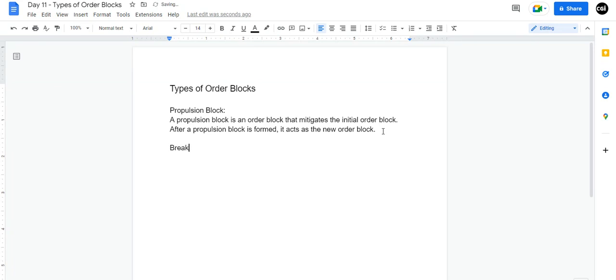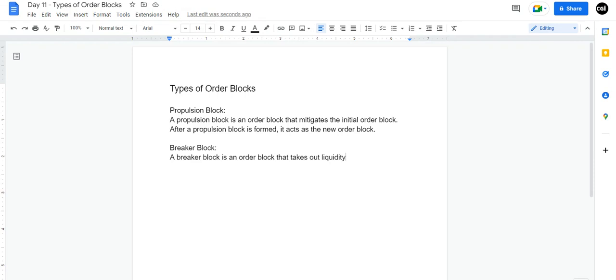A breaker block is an order block that takes out liquidity. So it takes out liquidity.